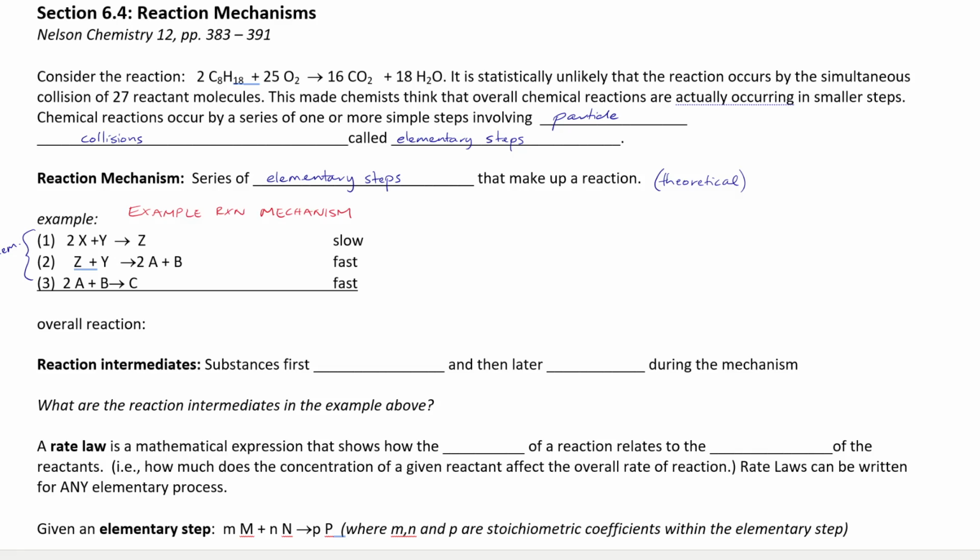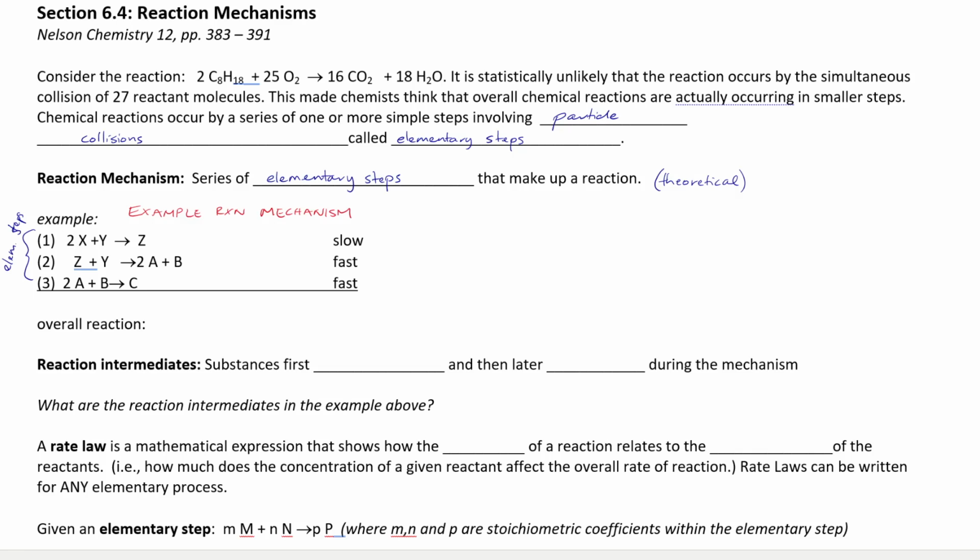I'll just draw that on so you can see that. Okay, these 3: you have a slow step, a fast step, and a fast step. And the slow step is the slowest step of the entire reaction mechanism.